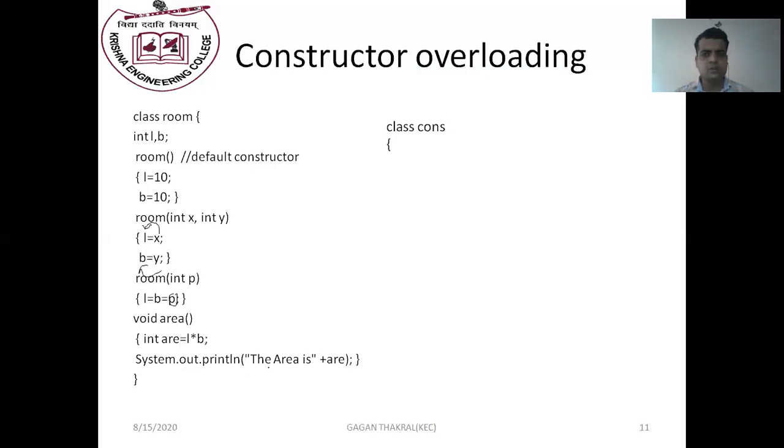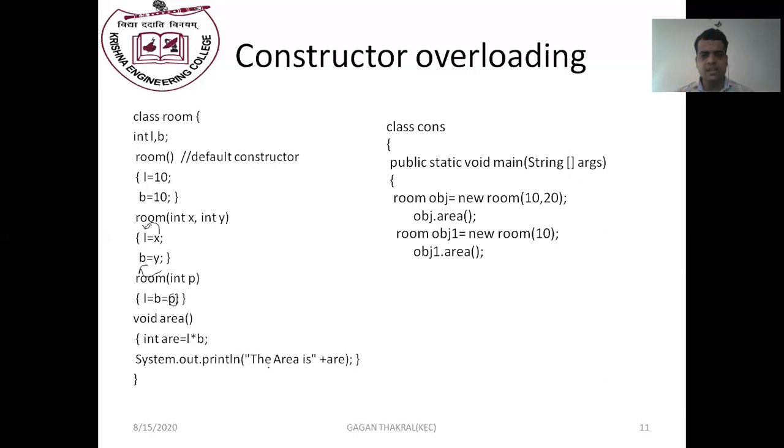Now we create a new class, that is the main class, which contains the main function of the Java program, and then we create objects of the room class. Initially we create the obj object and we pass two parameters. This will call the parameterized constructor of the classroom and calculate the area according to that.